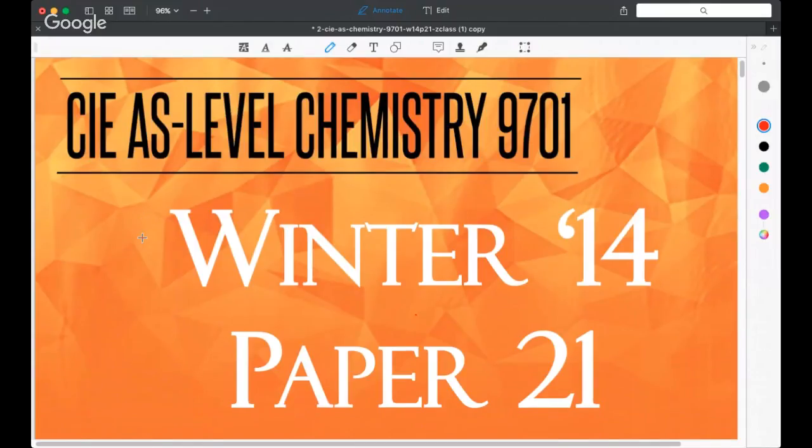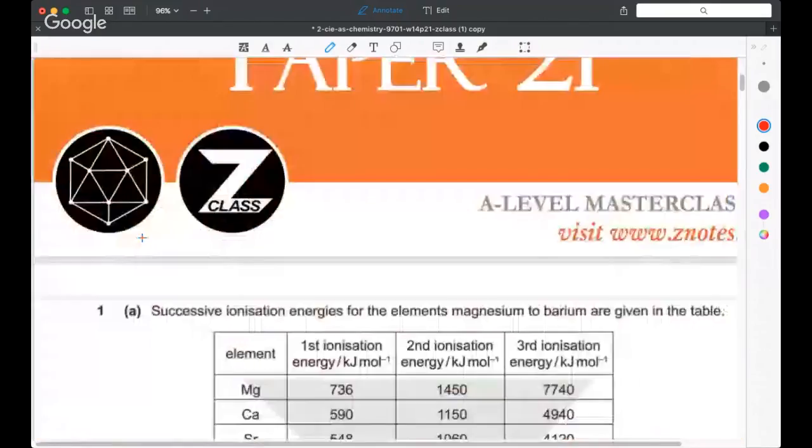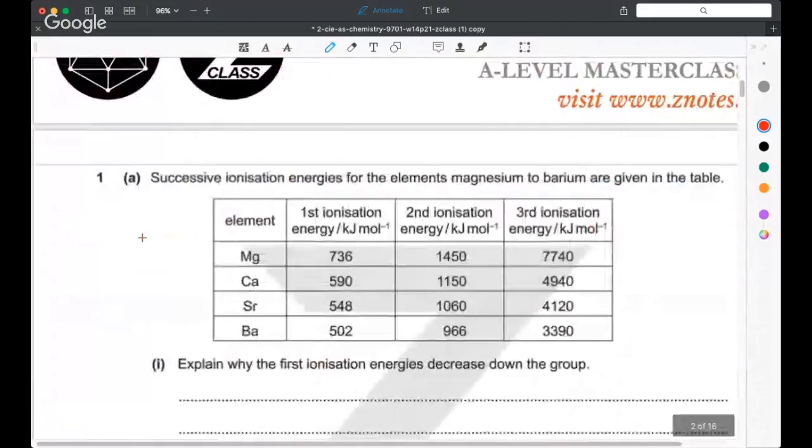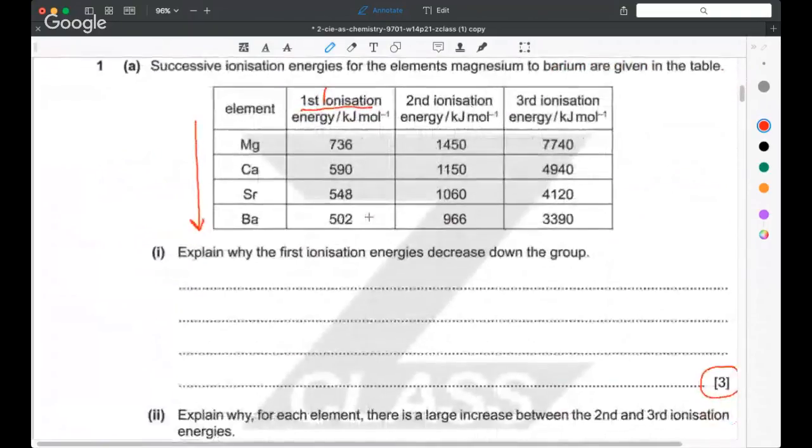All right, so this is the paper, and the first question looks at elements in group 2. As you go down the group, you've got to explain this trend in first ionization energies. The examiner has said there are 3 points, and you can see there's a mark here of 3.